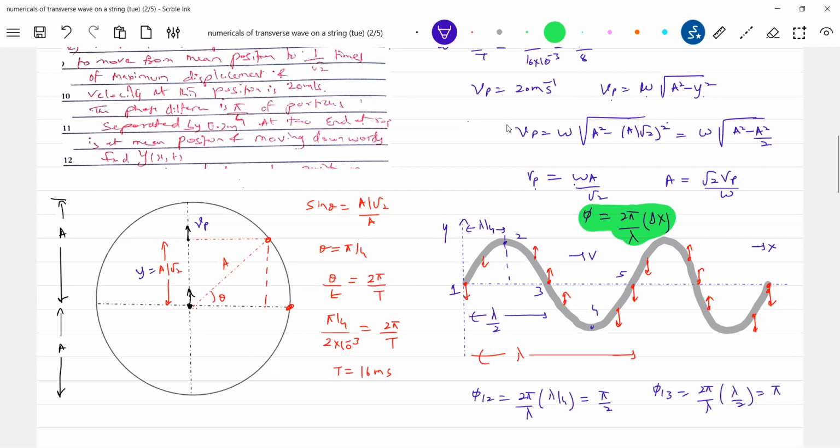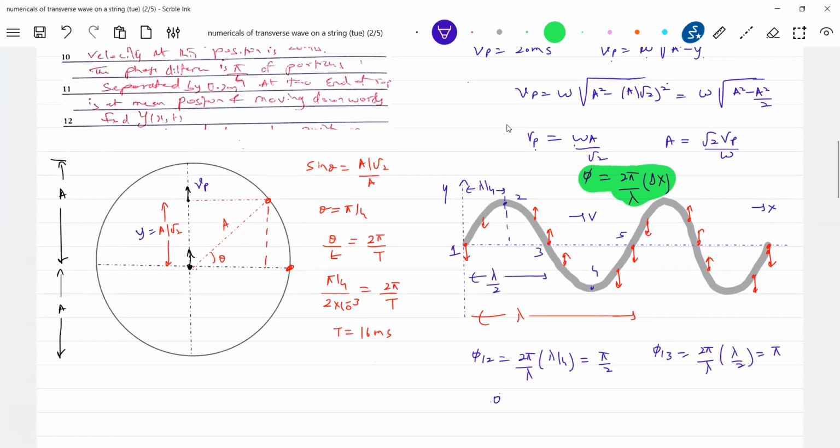So this will be pi. I think we know if the particles move opposite to each other, what is the phase angle? Should be pi radian. What is the phase angle between 1 and 4? That also we'll check. 3 lambda by 4. So this will become 3 pi by 2. The phase difference between 1 and 5.